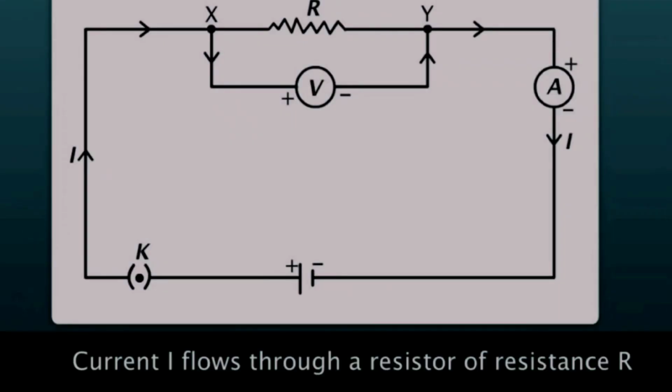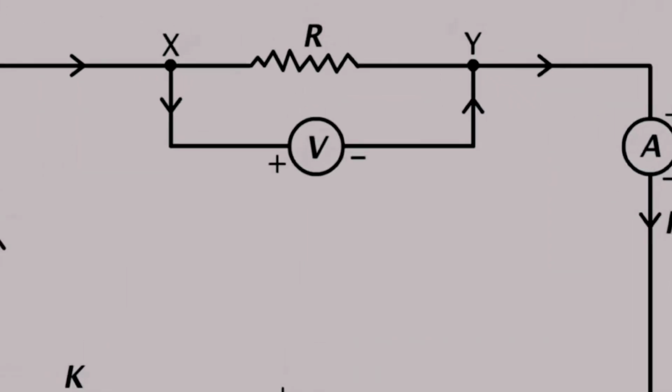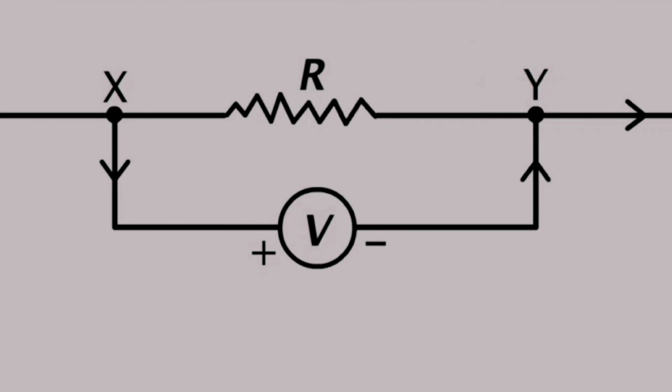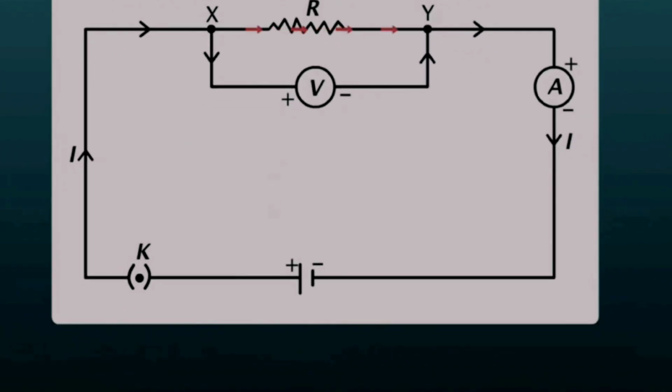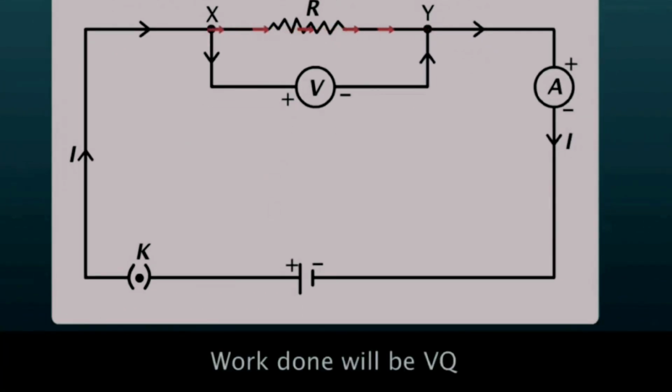A current I is flowing through a resistor of resistance R. The potential difference across it is V, and t is the time during which a charge Q flows across. The work done in moving the charge Q through a potential difference V is VQ. So, the source must supply energy equal to VQ in time t.